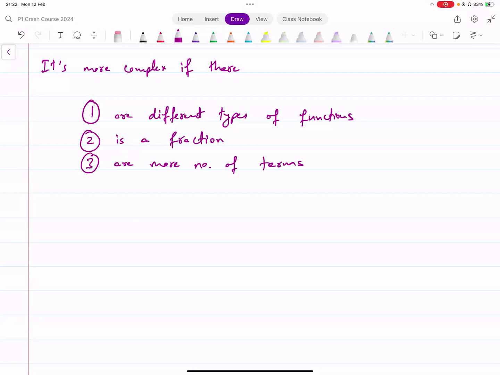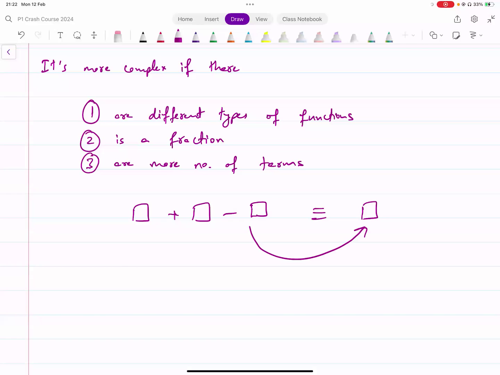For instance, on one side, if you have one thing being added to another thing and subtracted to another thing, and on the other side, you just have one term. Now, keeping in mind everything else constant, this side has 3 terms, this side has 1 term. It's going to be much easier to go from this side to this side, as compared to the other way around. Okay, so that's how we can decide whether a side is complex or not.